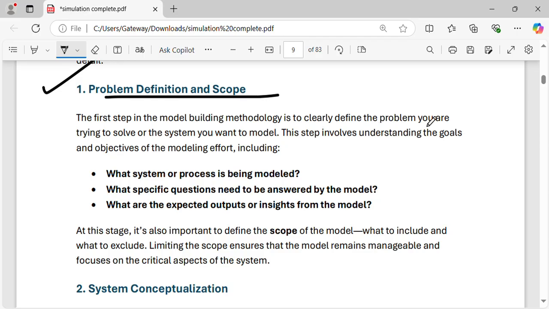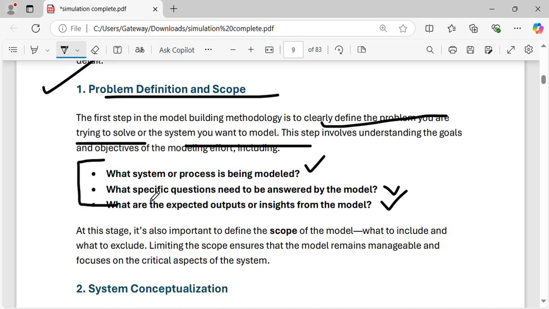In that step, what system or process is being modeled, what specific questions need to be answered by the model, and what are the expected outputs from the model? So in the problem definition, we need to clearly define the problem we are trying to solve, and we need to ask these three questions. Which system or process is being modeled?